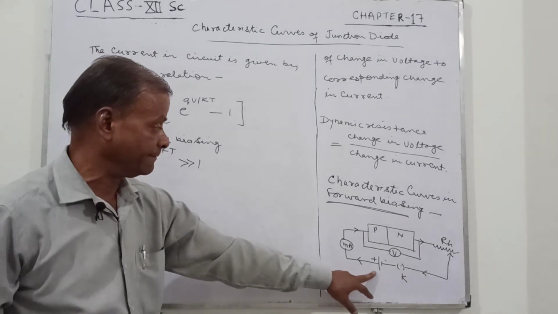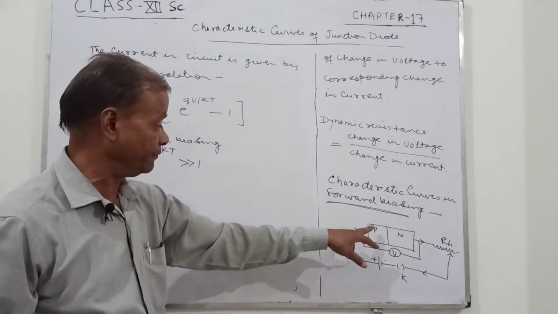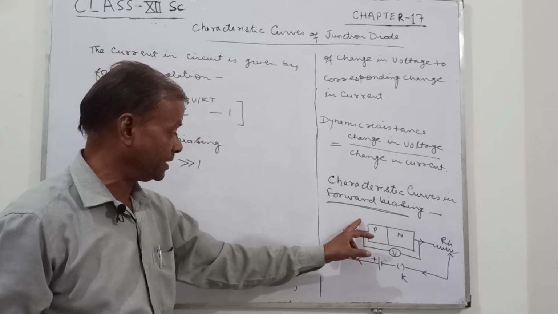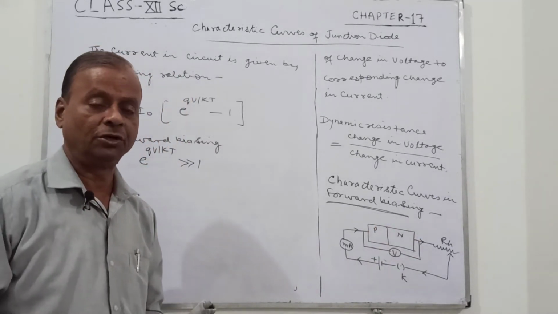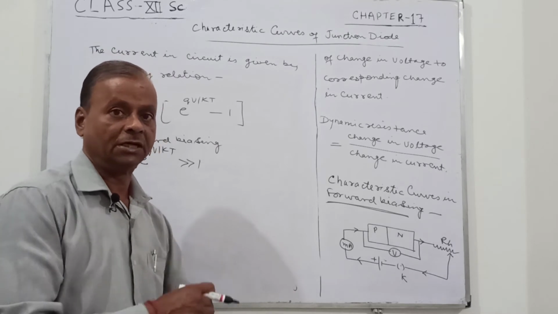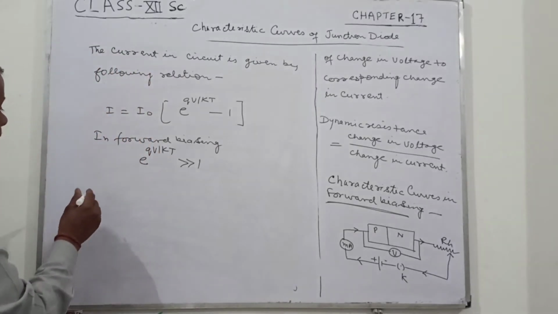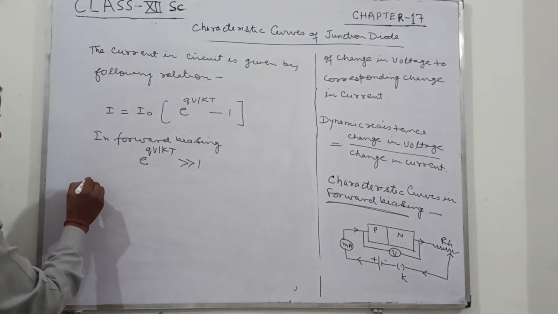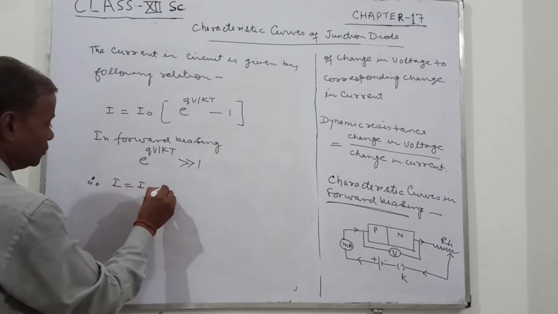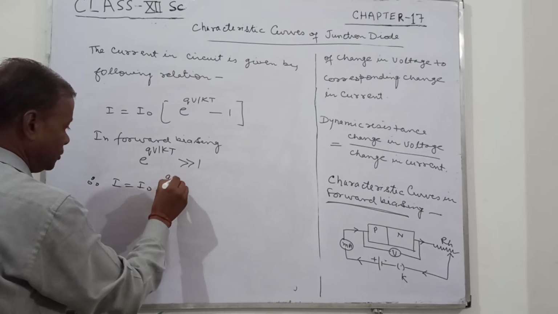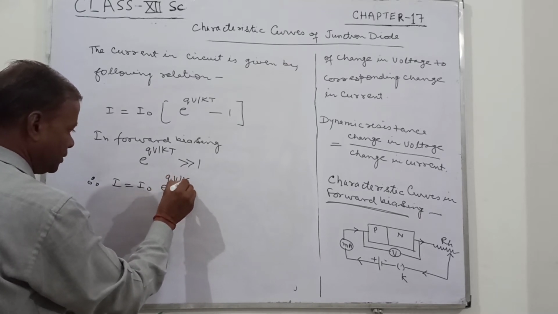You can see this is the forward bias. This part is positive and this part is negative, so P is at higher voltage than the N part. Therefore, I equals I naught e to the power qV upon kT.